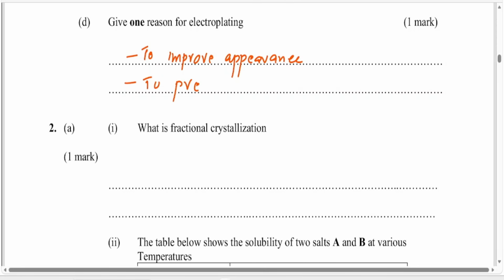One is enough. For instance, if I electroplate iron with copper, then I'm trying to prevent corrosion or rusting. So any 1 mark.